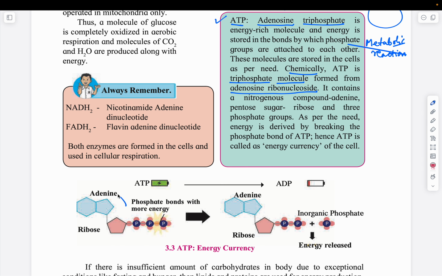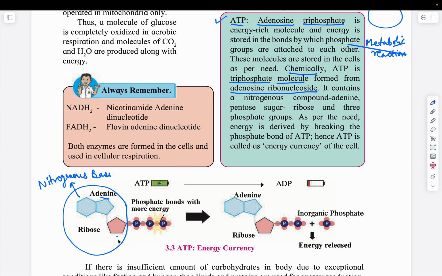This whole molecule together is known as adenosine ribonucleoside. It has two components. The one component is the nitrogenous base, adenine.